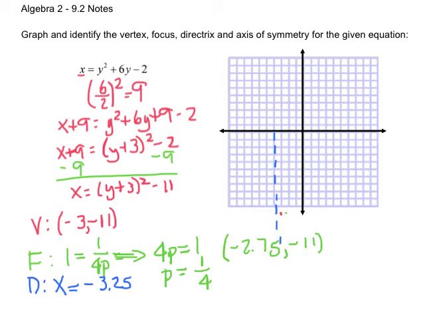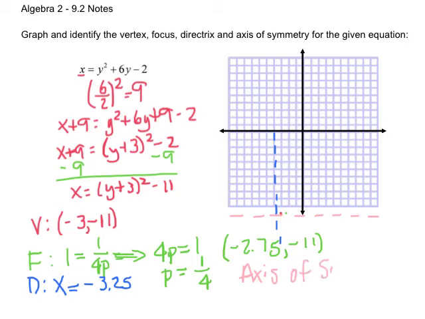And so the axis of symmetry is going to be the line that splits my graph right down the middle. Well, my axis of symmetry takes on the equation y equals the y coordinate, in this case -11.